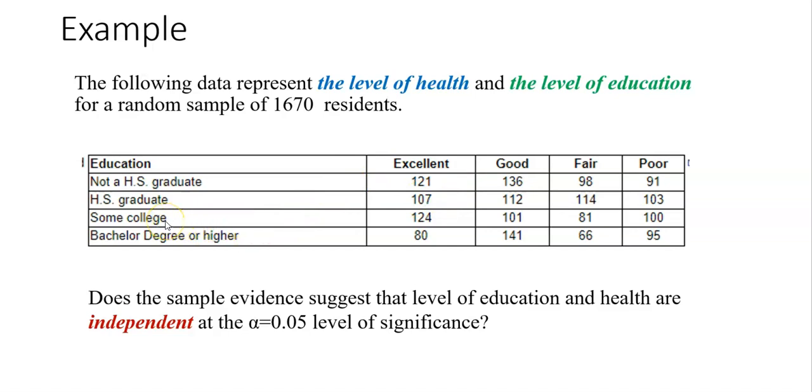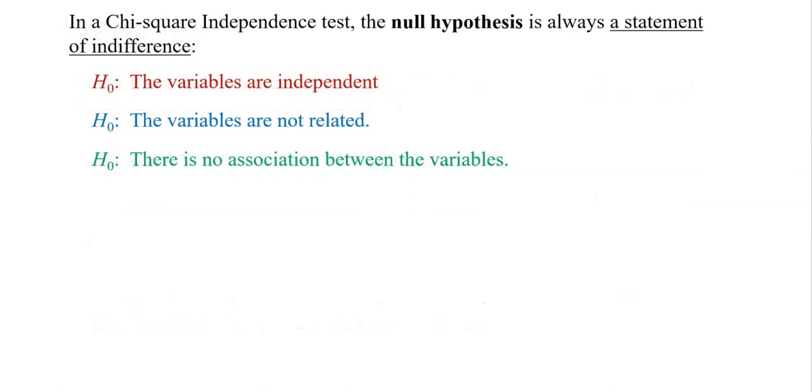For instance, out of 1670, 124 have an excellent level of health and some college degree. So the question that we test in test for independence is, does the sample evidence suggest that level of education and health are independent, at 0.05 level of significance?